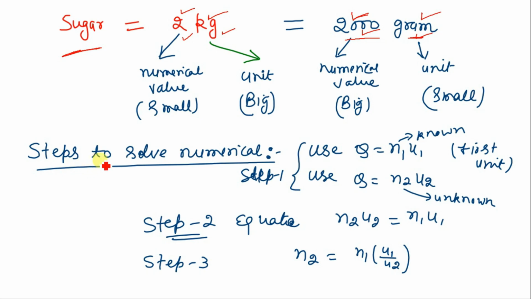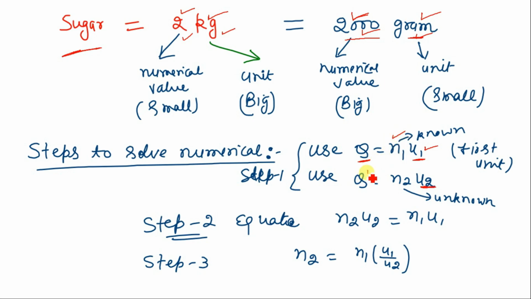So there are different steps to solve this numerical. Firstly, let the given quantity is Q and it is measured in two different units. Let us say first unit is U1 and the second unit is U2. So complete measurement will involve some numerical value also. Suppose when the quantity Q is measured with the unit U1, let us say the numerical value comes out to be N1.